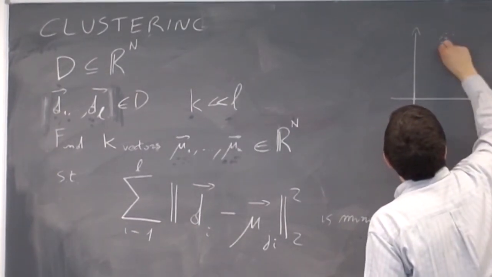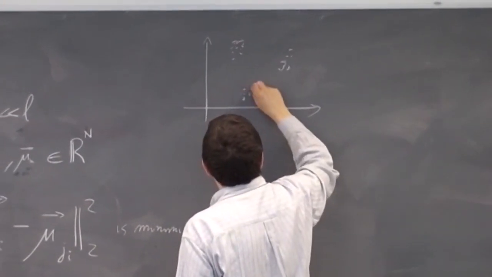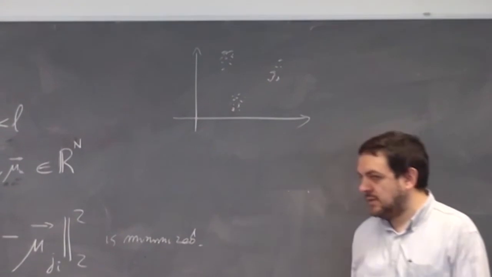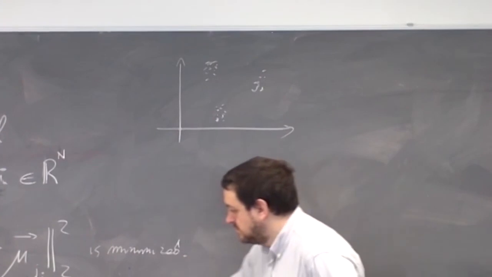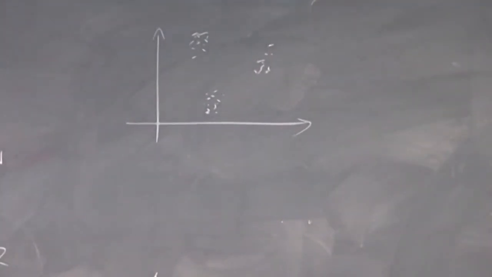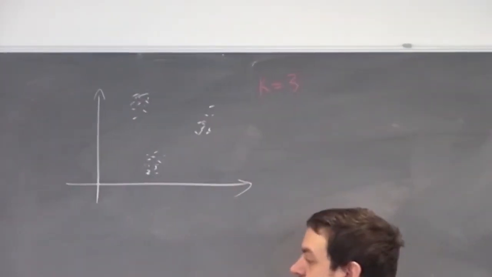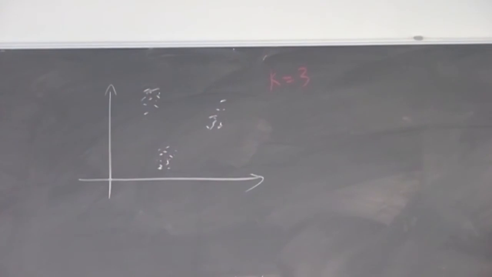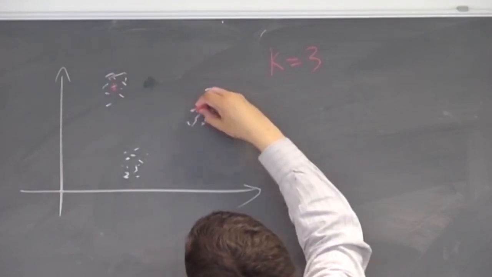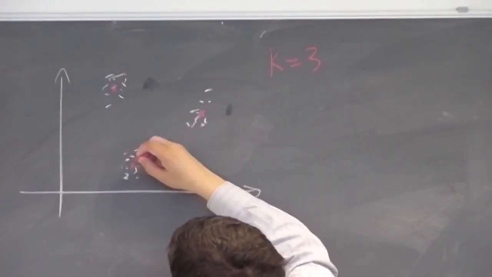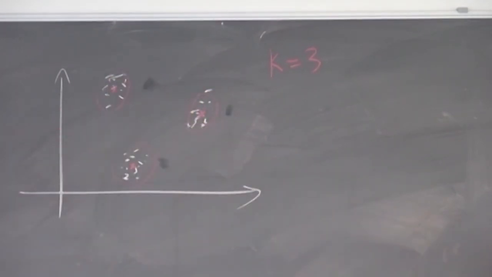Of course, if I have the usual set of elements like this, it's clear that I set k equal to 3, so I want to find 3 vectors that best represent these points. My objective is to place the 3 vectors at the centers of these 3 groups of elements.